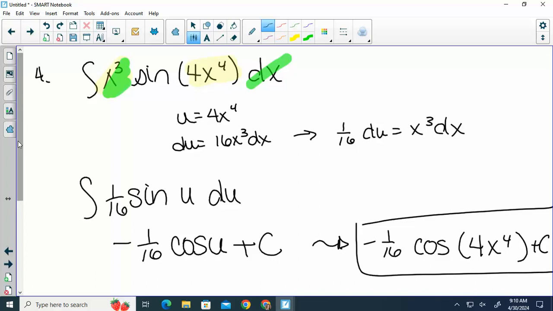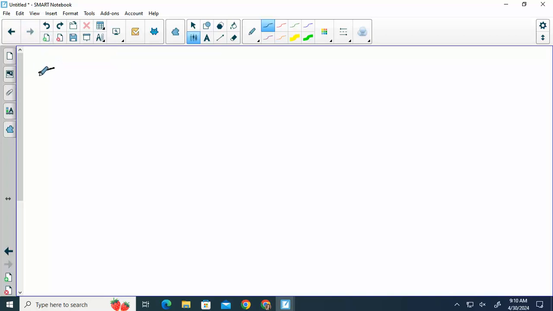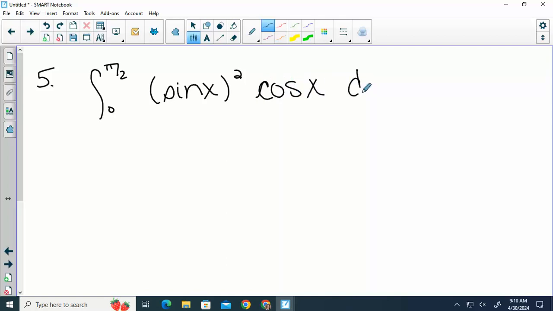Is that one okay? So problem 5. Integral from 0 to pi over 2 of sine squared x, which means sine of x to the second, times cosine of x dx. Both of these have x's and they're multiplied, so this is a product and we can't just undo it like normal.